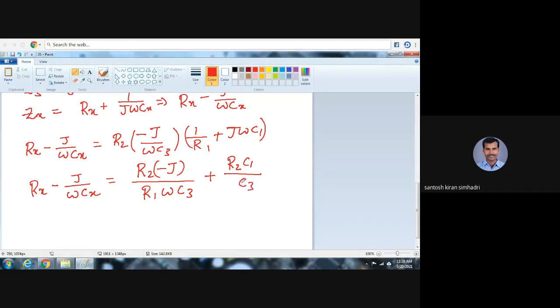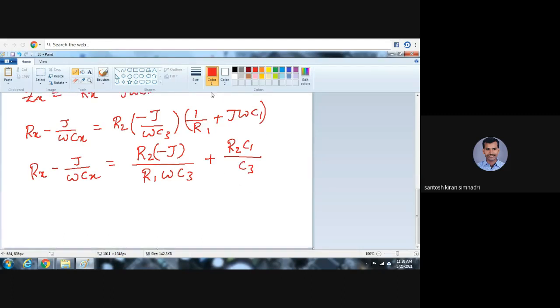Yes, Vandana, is it clear, ma? This is the final expression. So what is our next task? Very simple task. Compare the imaginary part and real part.